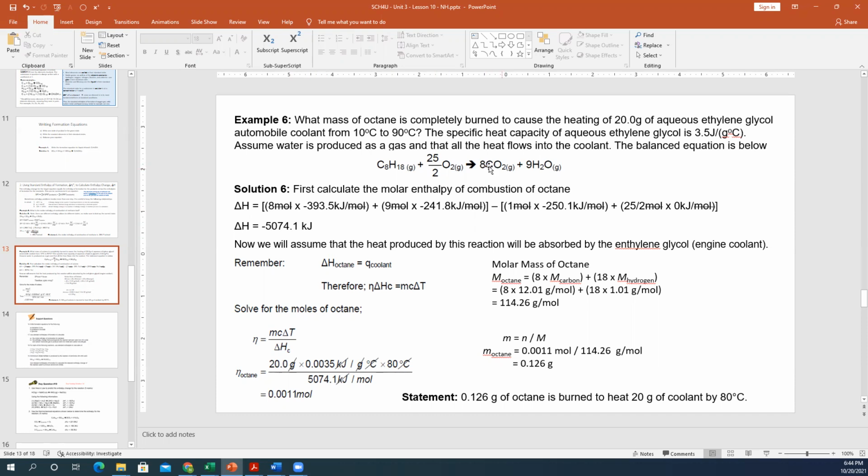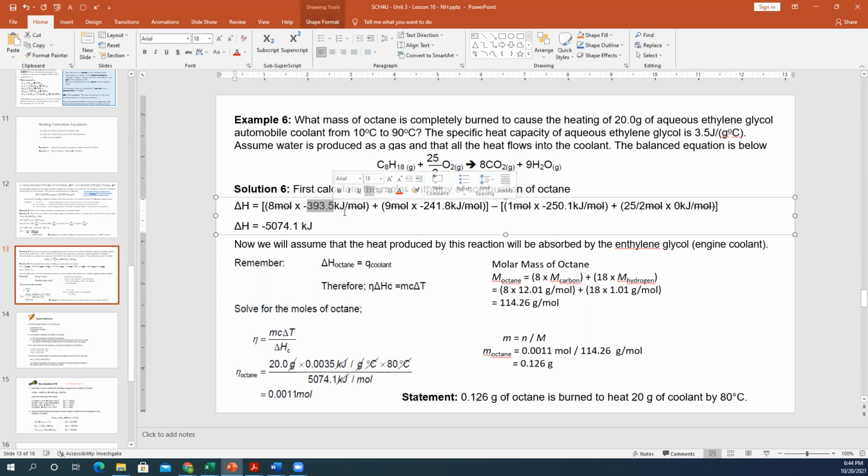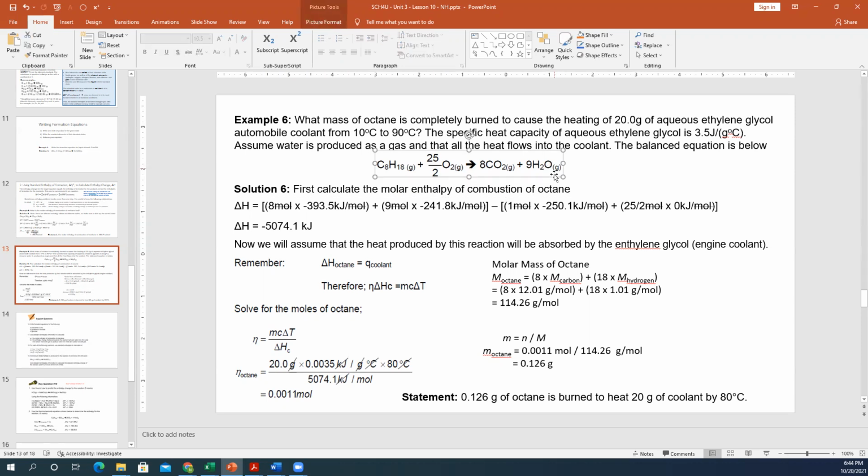We can look up the value for the formation of CO2 gas from that table at the end, and it's 393.5.